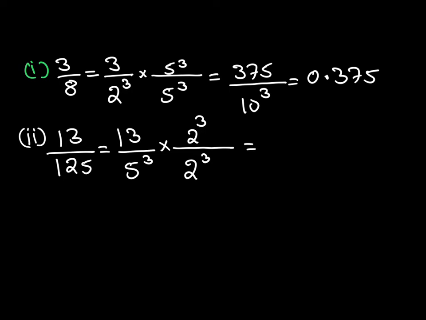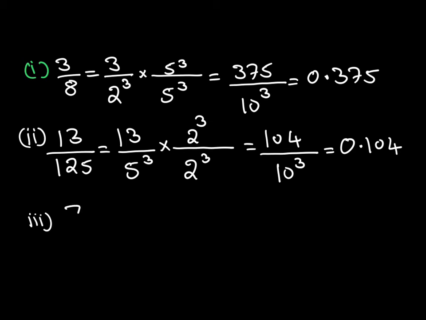So what happens now? 13 times 2 to the power 3 is 104. And 5 to the power 3 times 2 to the power 3 is 5 times 2, the whole thing to the power 3, which is 10 to the power 3. And the decimal expansion of that is 0.104.